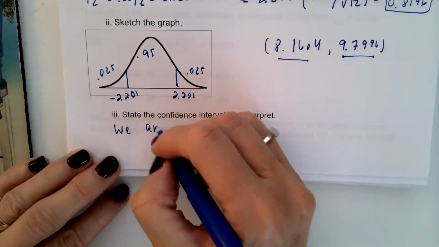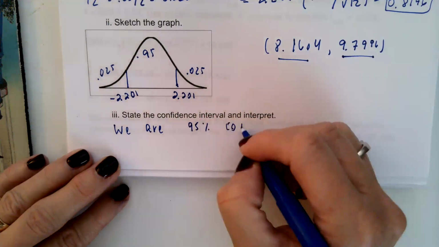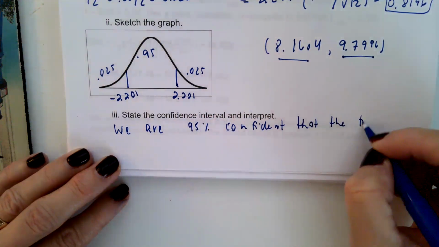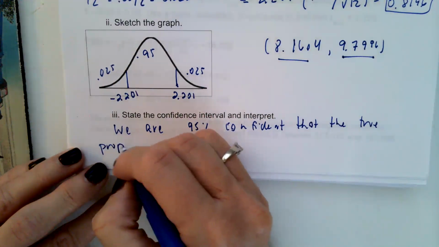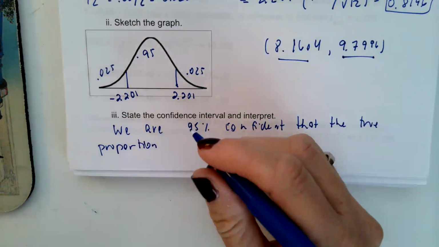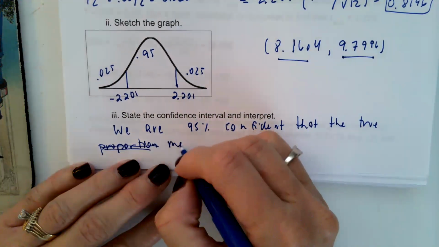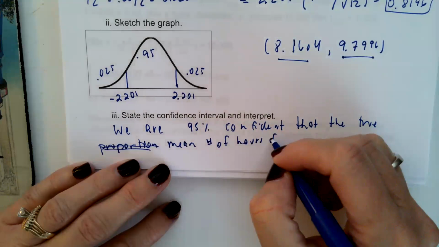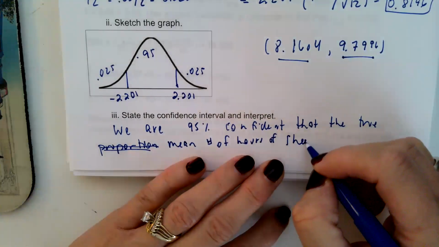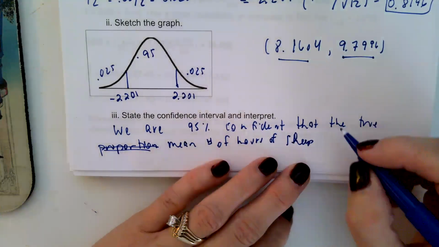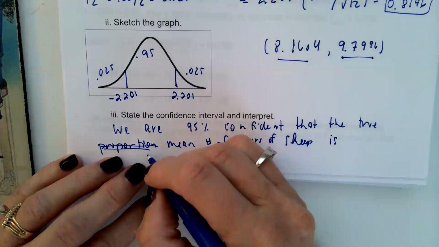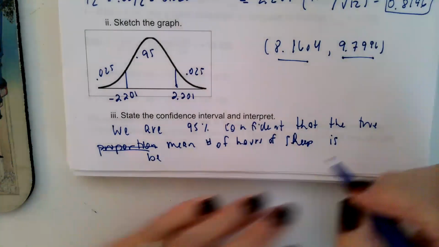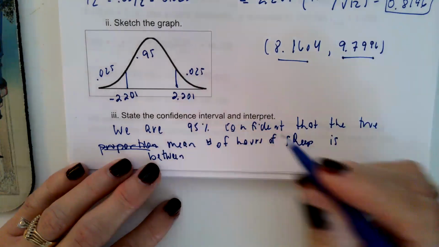So we are 95% confident that the true mean, sorry, the true mean number of hours of sleep is between 8.2 and 9.8 hours.